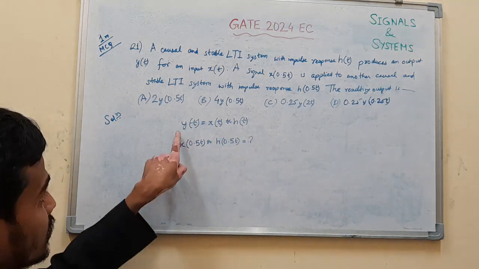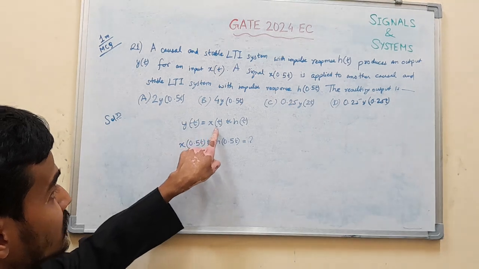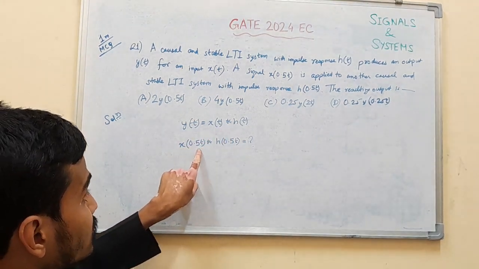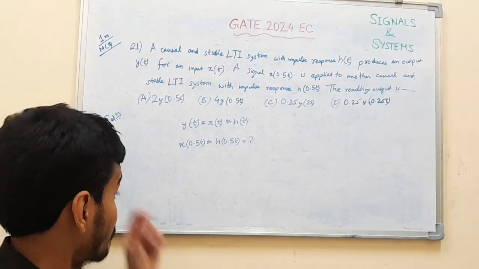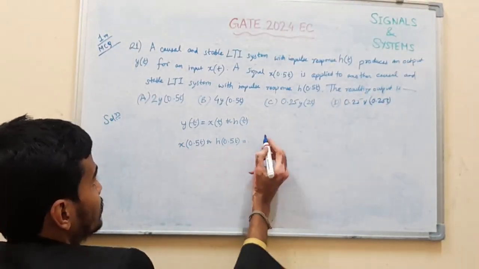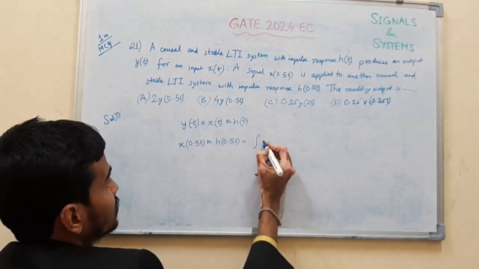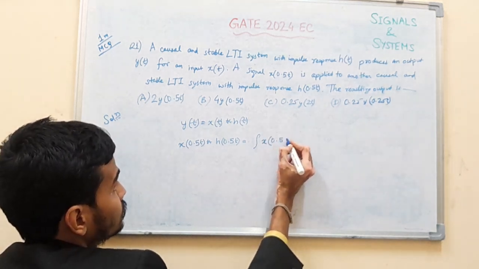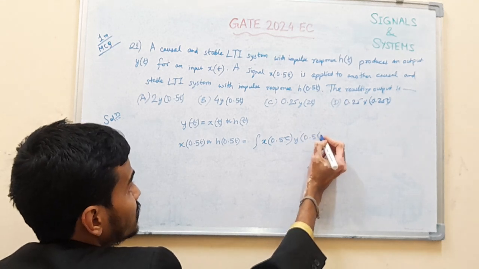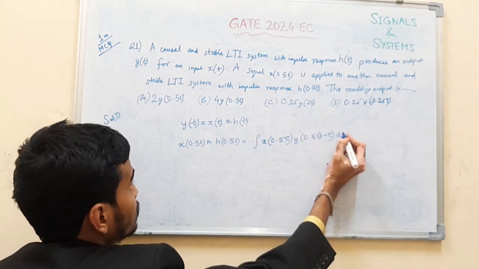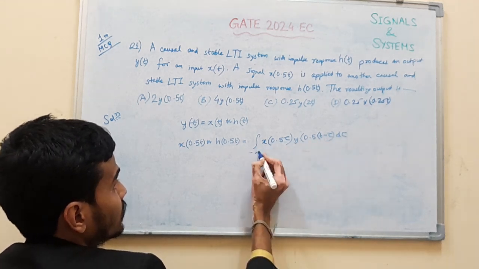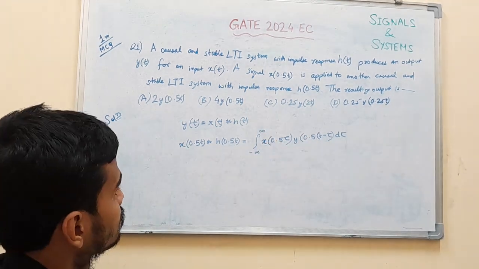If y of t is the convolution of x of t and h of t, then what is the convolution of x of 0.5t and h of 0.5t? Okay. Let's go by the definition. Mathematical definition of convolution. It's the integral of x of tau h of t minus tau d tau, with limits minus infinity to infinity.